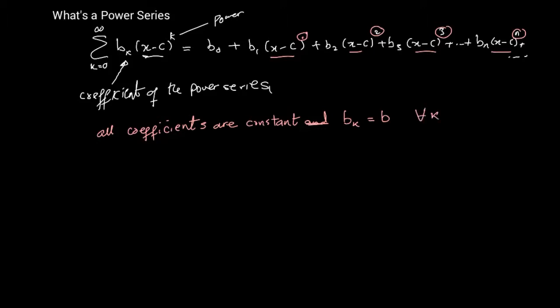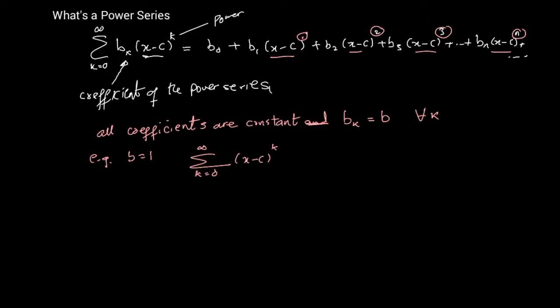What that means is we end up with, for example, if we let b equal 1, then our power series changes, and for b equal to 1, you just have x minus c to the k.